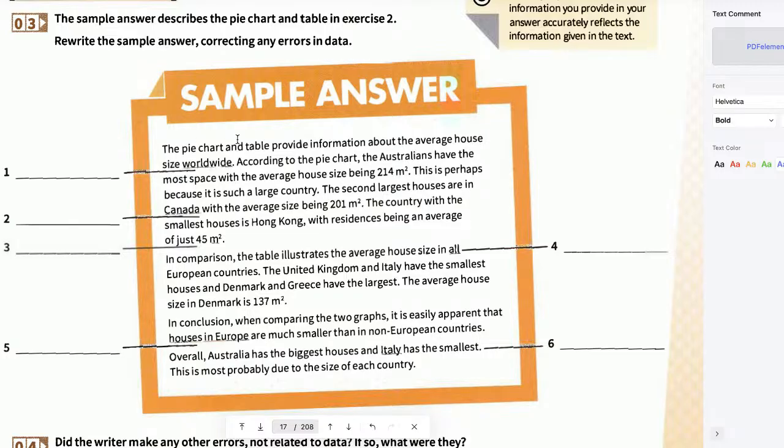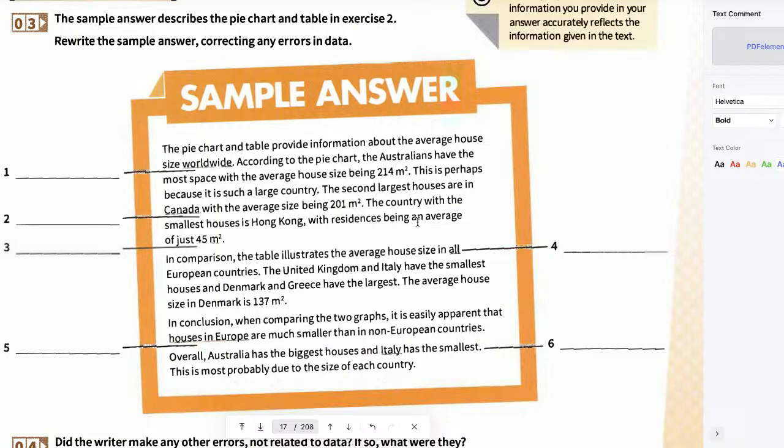Someone else, please. Ngọc Anh, can you do it? The pie chart and the table provide information about the average house size in some selected countries and in some European countries.